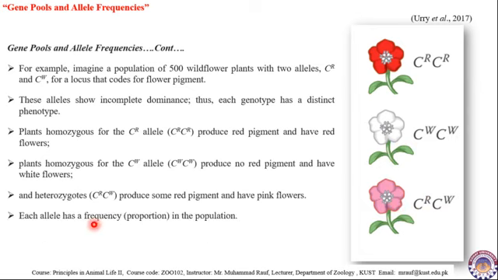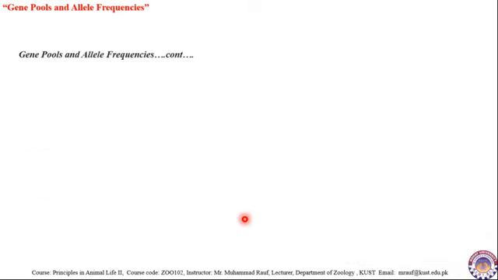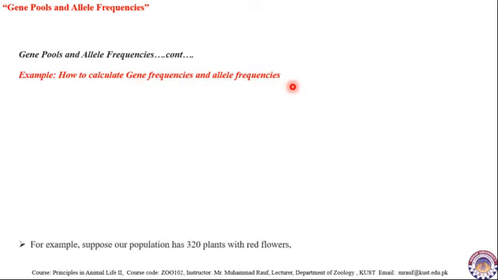Each allele has a frequency proportion in the population. So now we will move on to the calculation of the allelic frequency in that population. So how to calculate gene frequency and allele frequency?